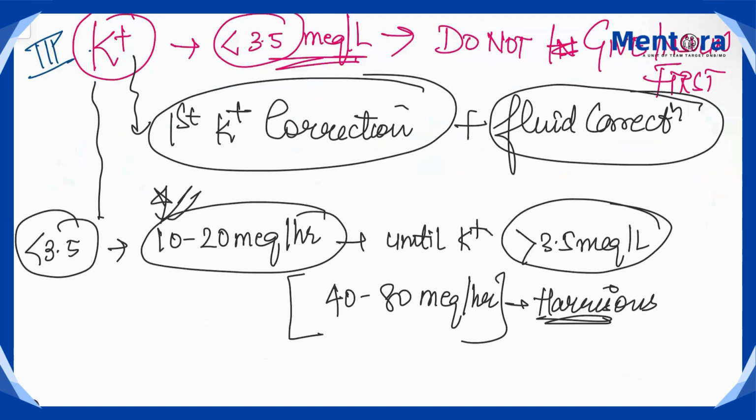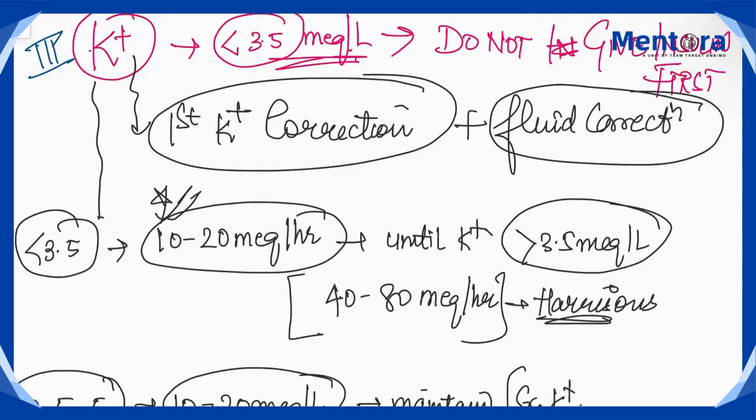If your potassium level is between 3.5 to 5, again you have to give it at 10 to 20 milliequivalent per hour, and you maintain your serum potassium level between 4 to 5.